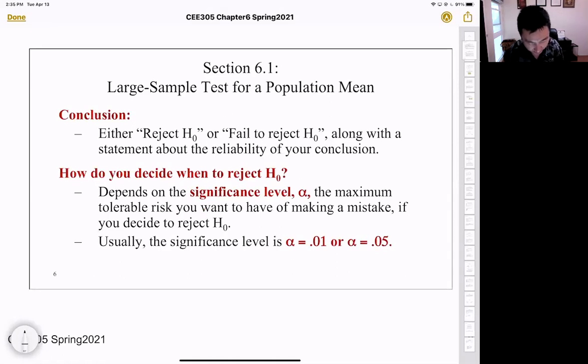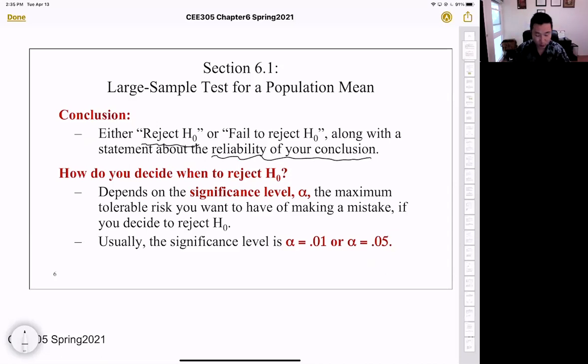So the conclusion for a hypothesis test is either we reject H0 when the p-value is small enough, or we fail to reject H0 if the p-value is high enough. And we also need to state the reliability of our conclusion.